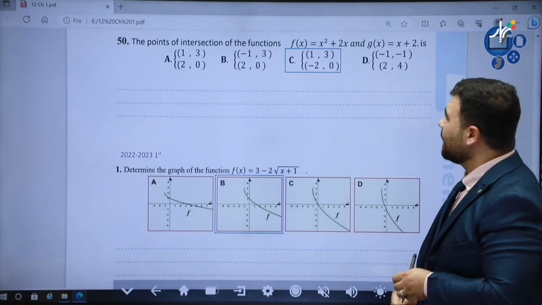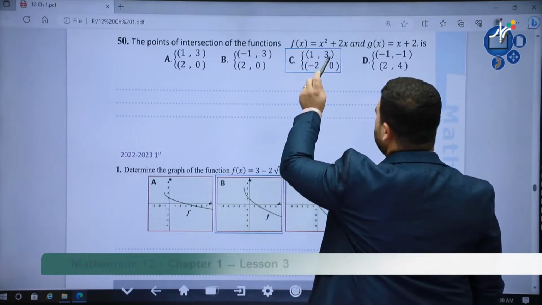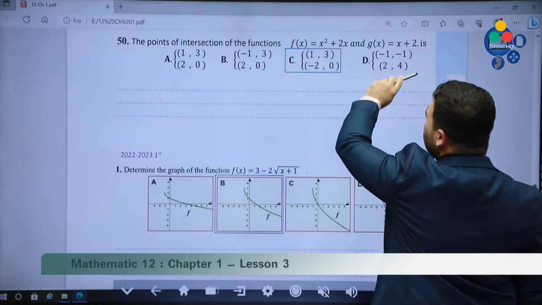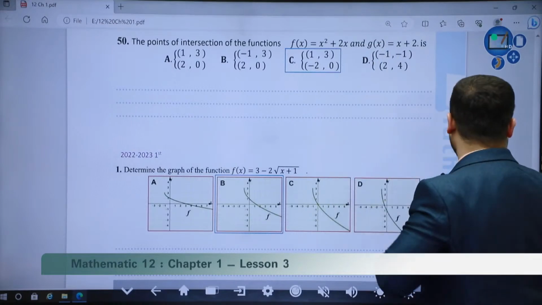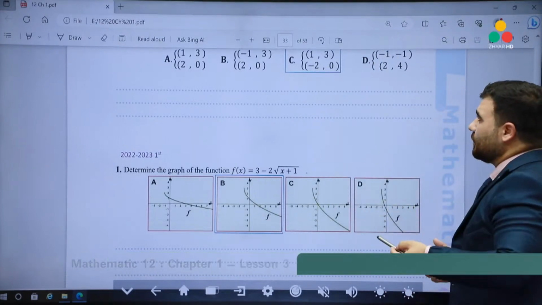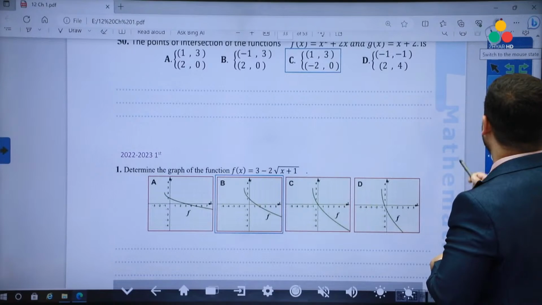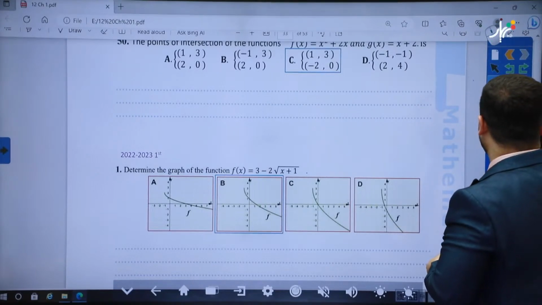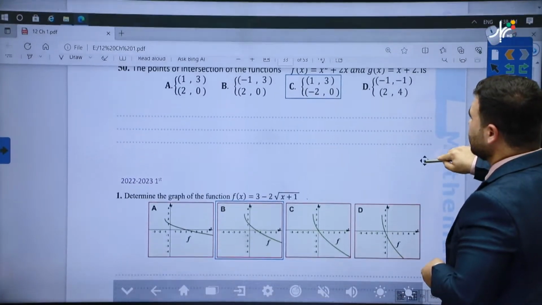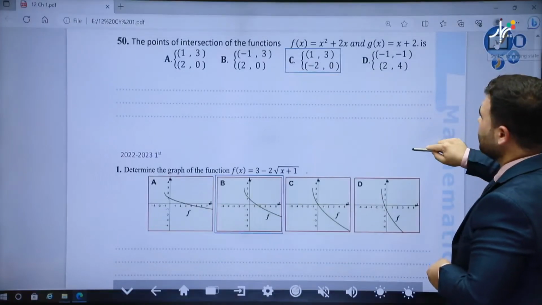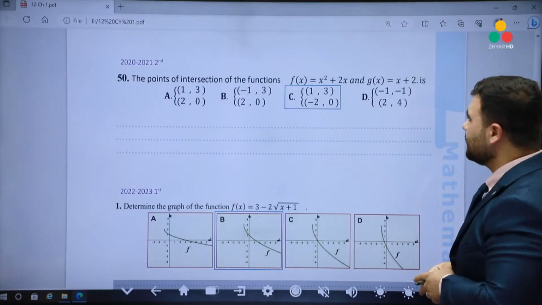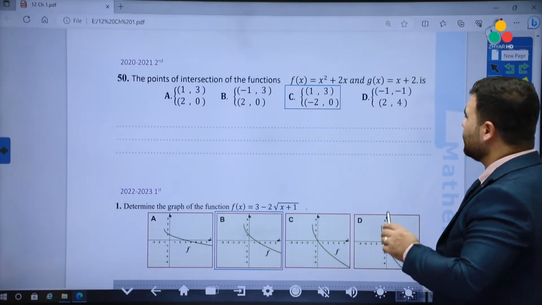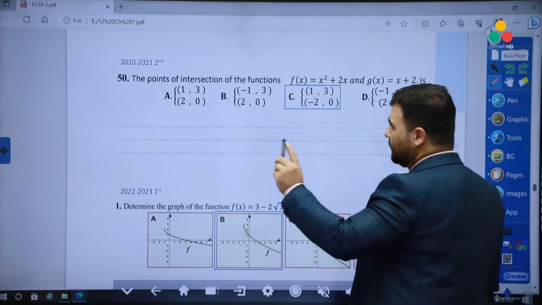By the way, G is an easier function, so let's work on G. The points that are correct for G, later we check them if they are correct for F.